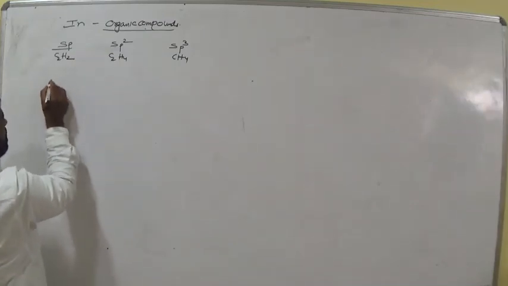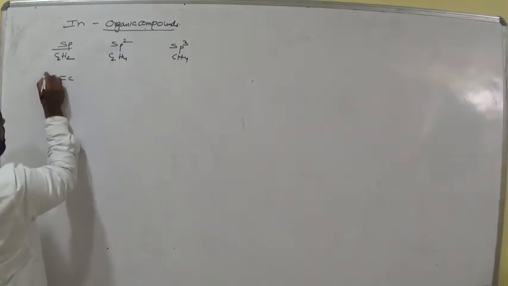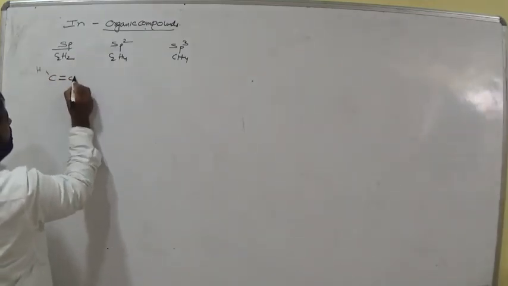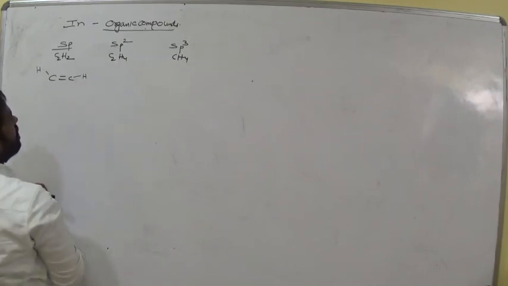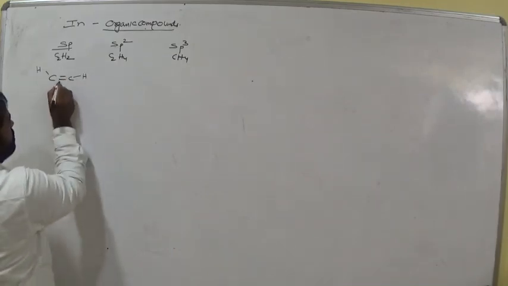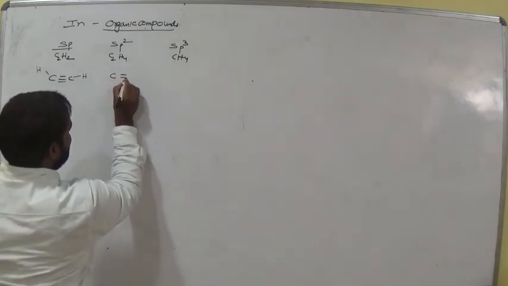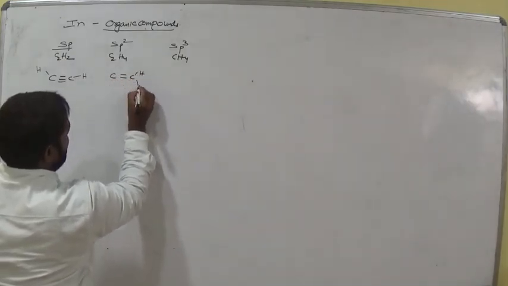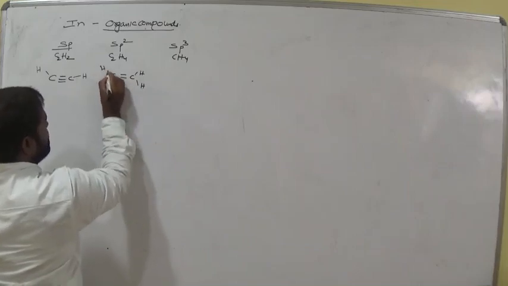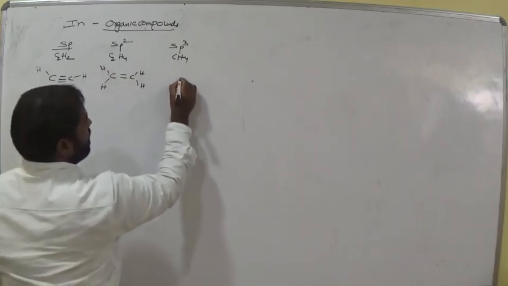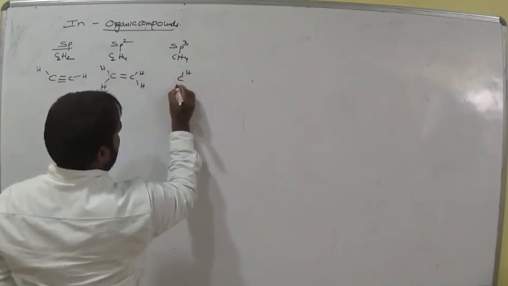These are all structures. Here it is C double bond C, with hydrogen, hydrogen. And C2H2: here it is C, H and H.